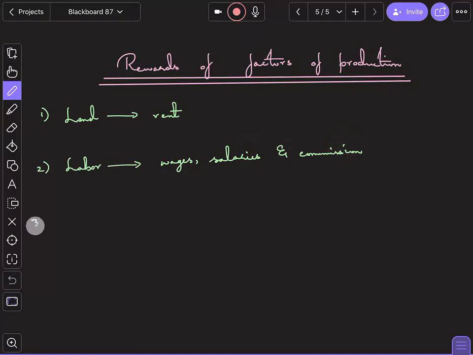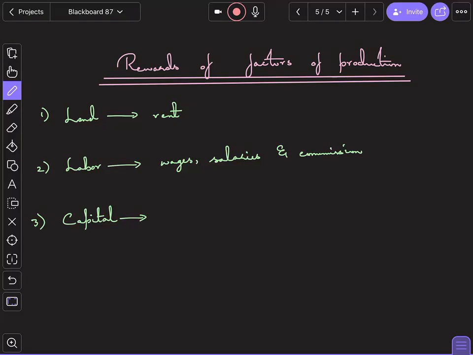The third one is capital. So now what will be the reward for the owners of the capital? The return to the owner of the capital is the interest that could have been earned if the money was not used in capital but given out as a loan.